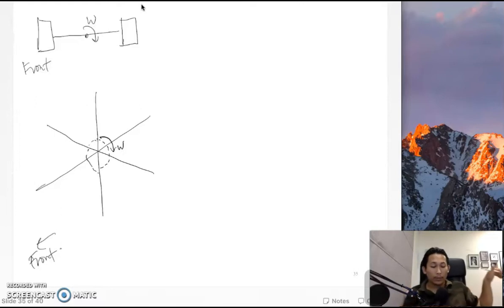So the vector of angular velocity is to the back. From our thumb rule, it is to the back. So that one is our pointing finger.